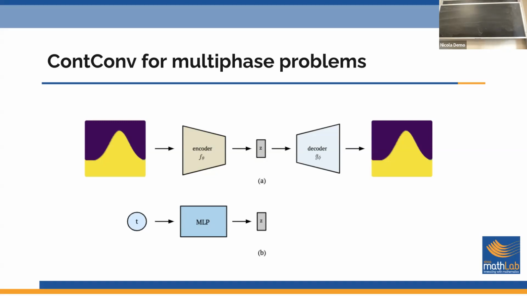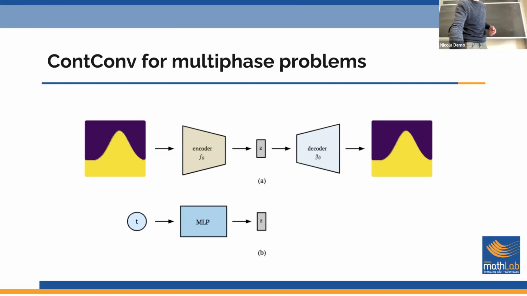If you put the POD on the top line, it's actually POD with interpolation with neural networks, in the sense that you map the parameter to the latent, reduced dimension thanks to a neural network, and here instead of the POD you have the autoencoder.